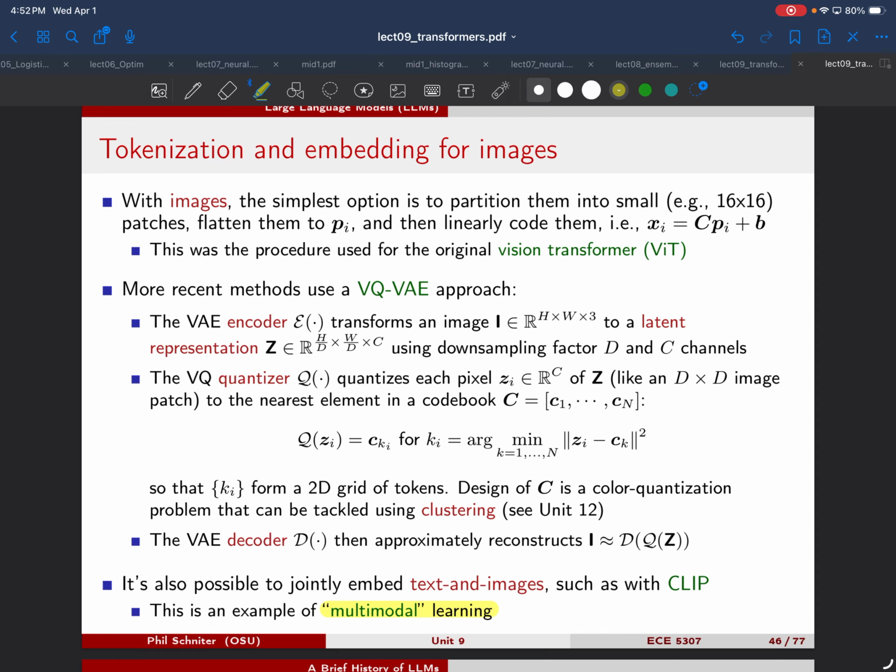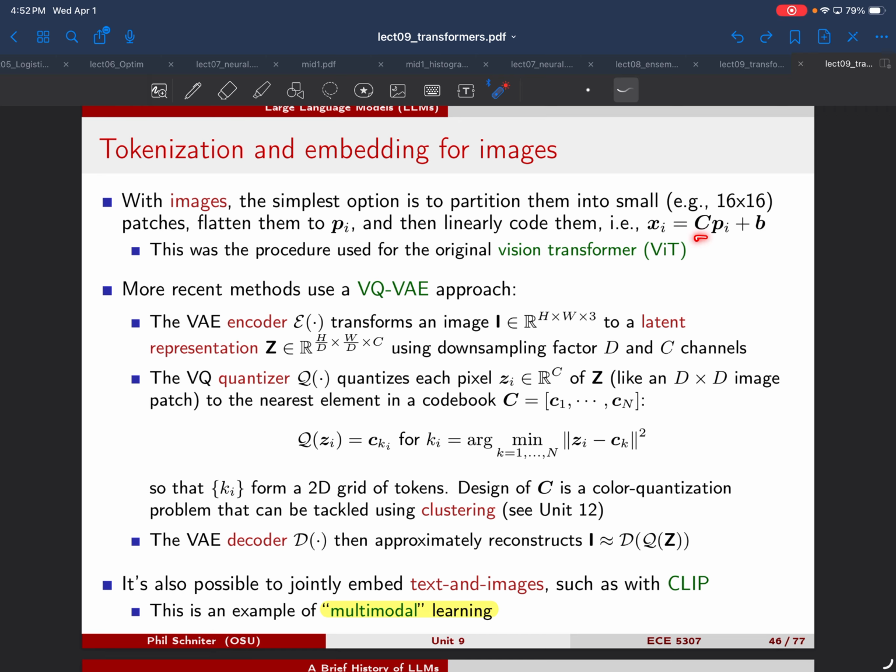When you look at the original Vision Transformer paper, which was the first paper that really said we can process images using transformers, what it did is it broke up the image into small 16 by 16 patches, 16 pixels by 16 pixels. And for each one of those, which is now a 256 length vector, you don't have to tokenize it. You can create the embedding directly with some linear stage.